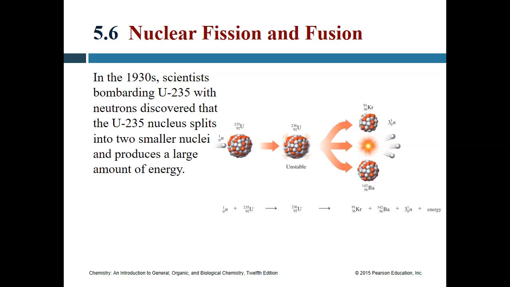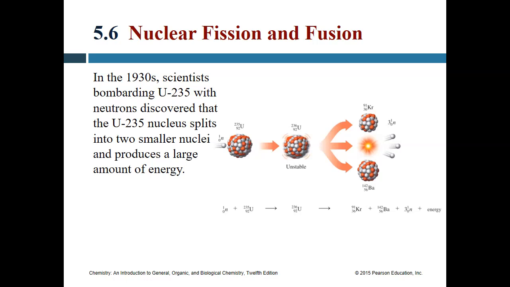And the result of that ripping itself in half is we get a radioactive isotope of krypton, krypton-91, and a radioactive isotope of barium, barium-142. In addition, the lack of stability inside of that nucleus is so much so that in the process of ripping apart, 3 free neutrons shake loose.